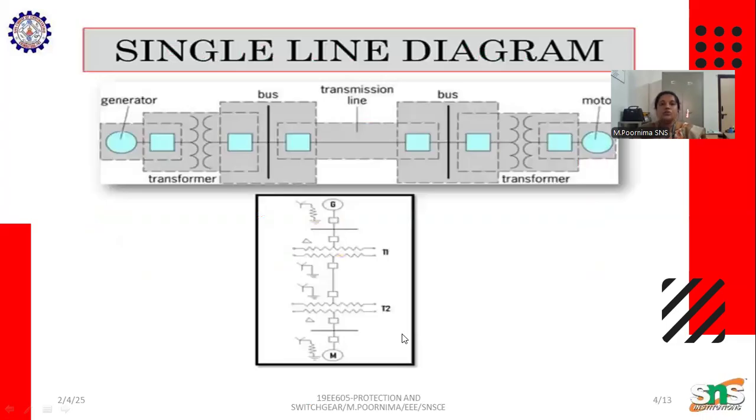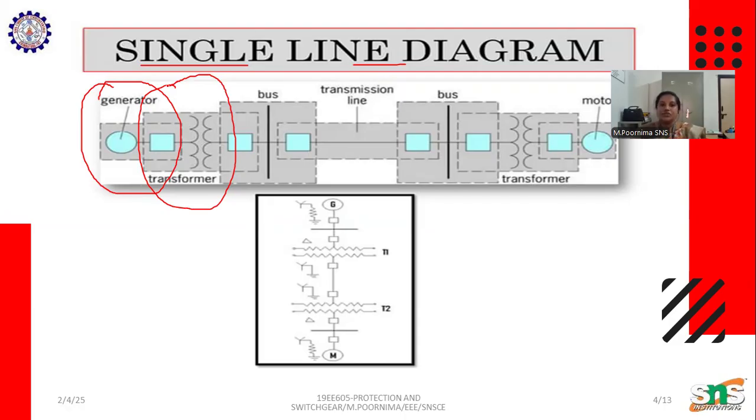Now, this is a single line diagram of an electrical power system. What is a single line diagram? Here we have a generator and a transformer. In the previous slide we saw the basic structure; here we have a pure single line diagram of the entire electrical power system.